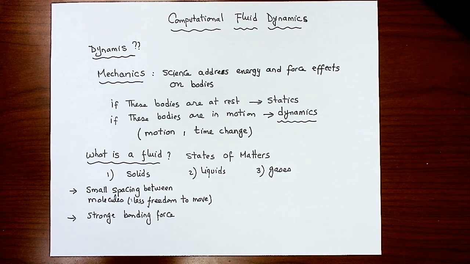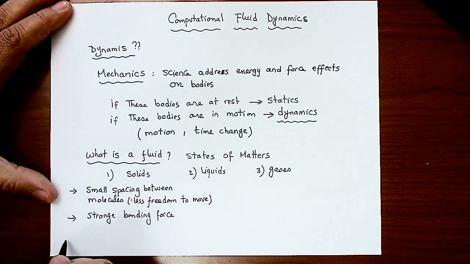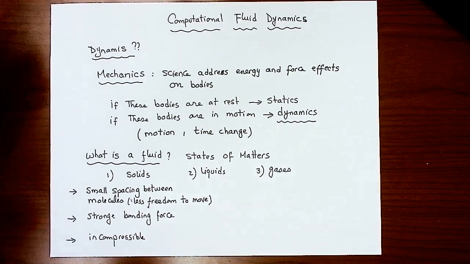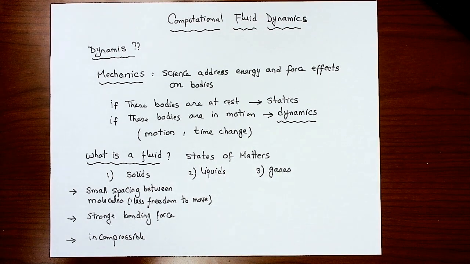These characteristics make solids incompressible, and it is always hard to reshape a solid body, right? It takes a lot of effort to be able to do that because of that strong shape memory.